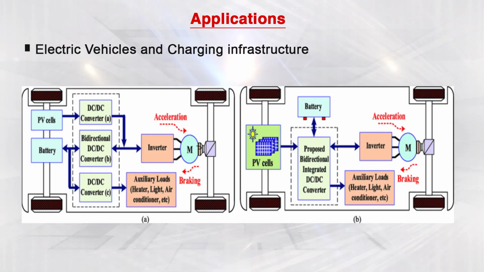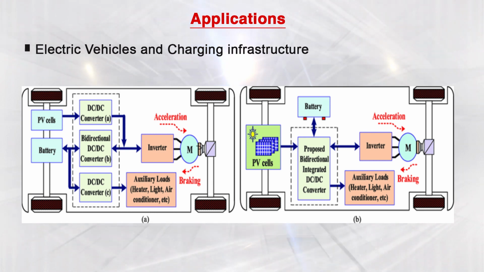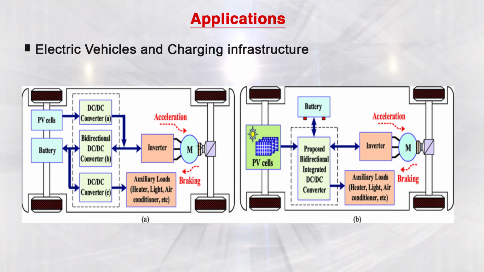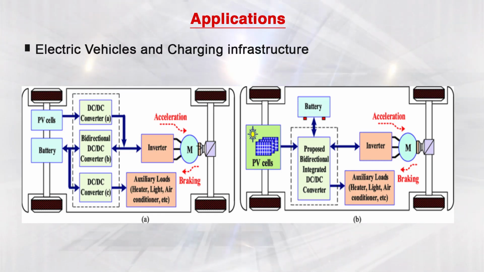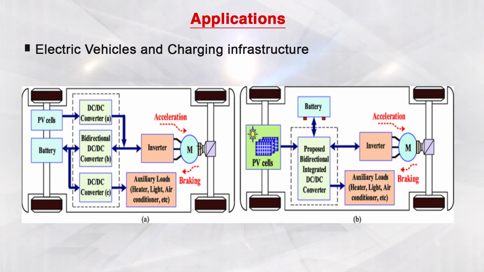One of the major applications is electric vehicle and charging infrastructure. Here we can see these two figures where we have utilized a PV module, various cells making the PV module. Suppose 54 cells are connected in series, making a PV module, and this module is installed on the roof of a vehicle.